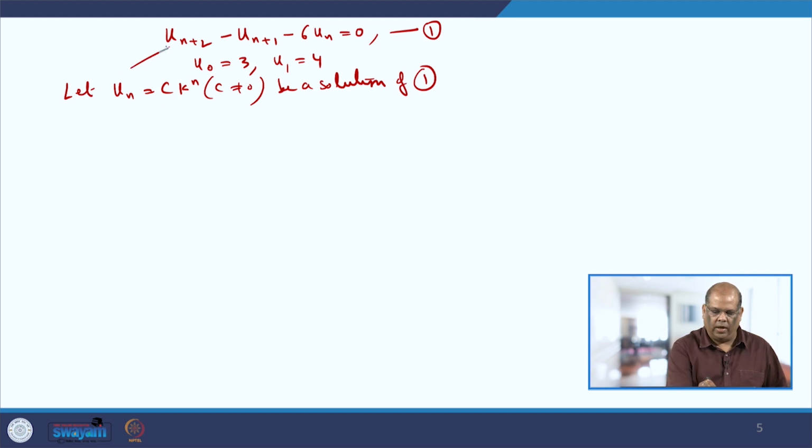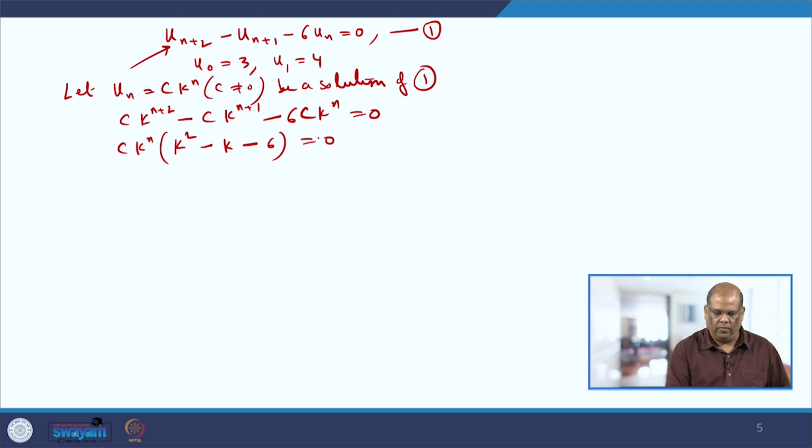So, you substitute it here. So, u(n+2) will be c k^(n+2) minus c k^(n+1) minus 6 c k^n equal to 0. You take c k to the power n common. So, k square minus k minus 6 equal to 0.